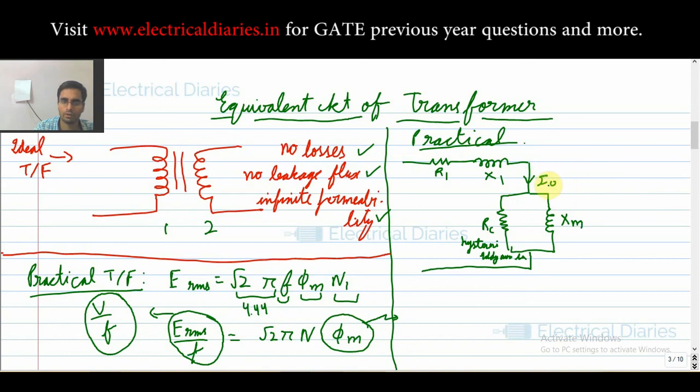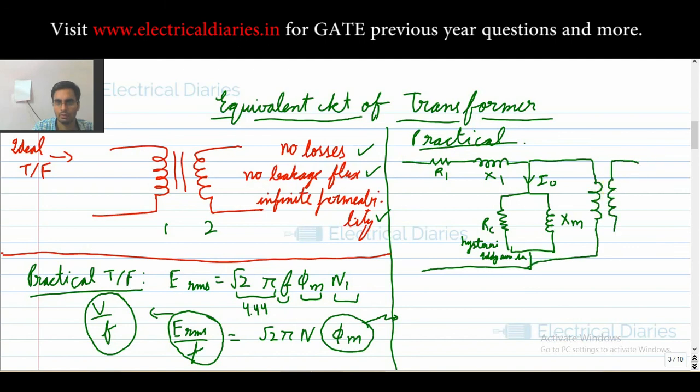That is, even if your transformer is at no load, it will take some current that is required to set up flux in the machine. These are the iron losses, hysteresis and eddy current, represented using RC, and the magnetizing branch current is the current required to set up the flux. Then this is your primary winding.